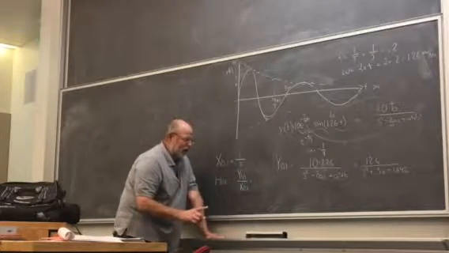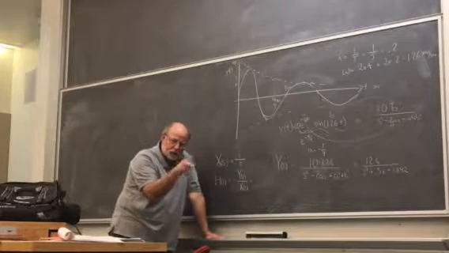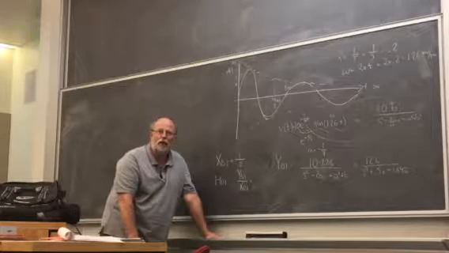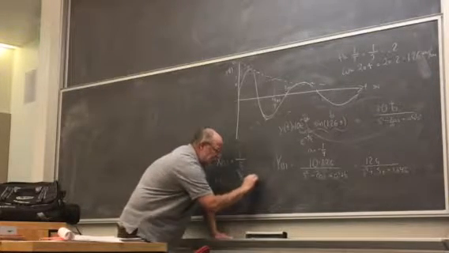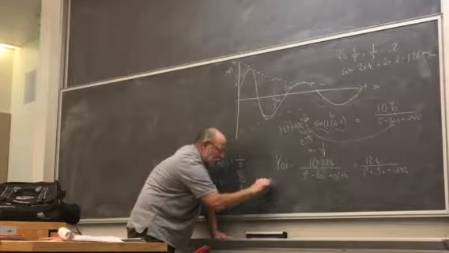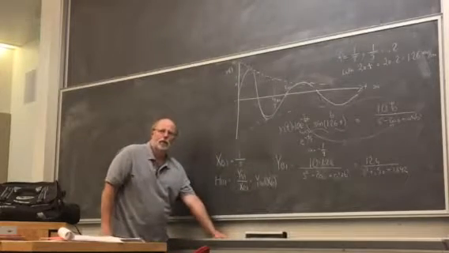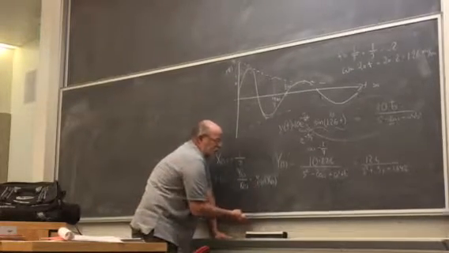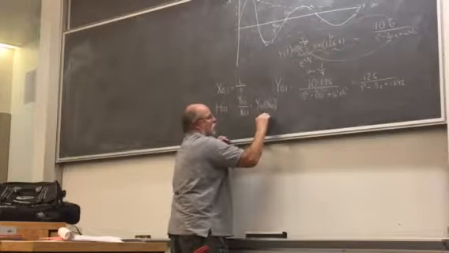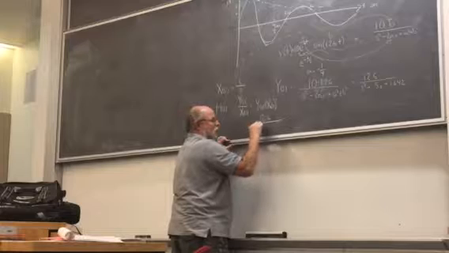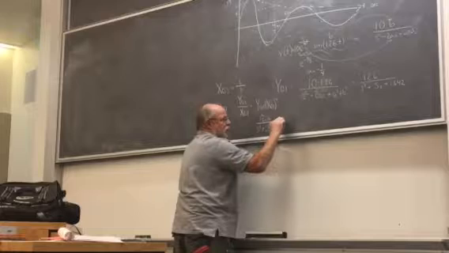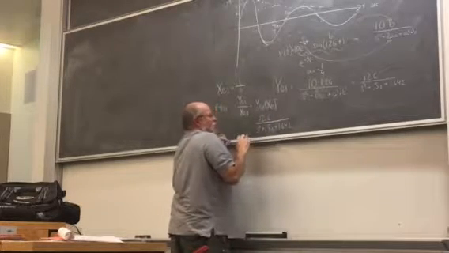Now I can write that as a division, but what's easier? Multiply. Yeah, just flip the X of s over and multiply it. So it's easier to think of it this way, like this, which means that it is this times what?